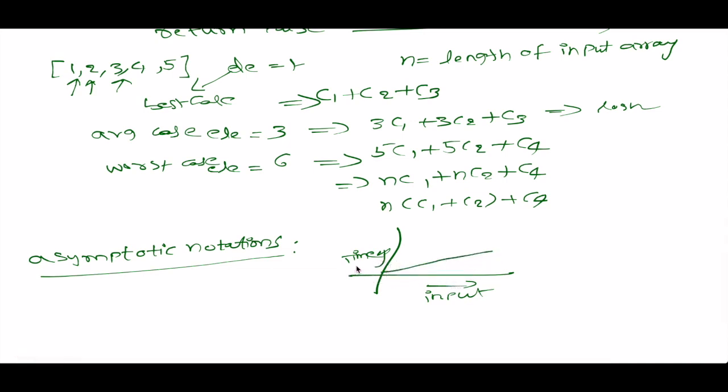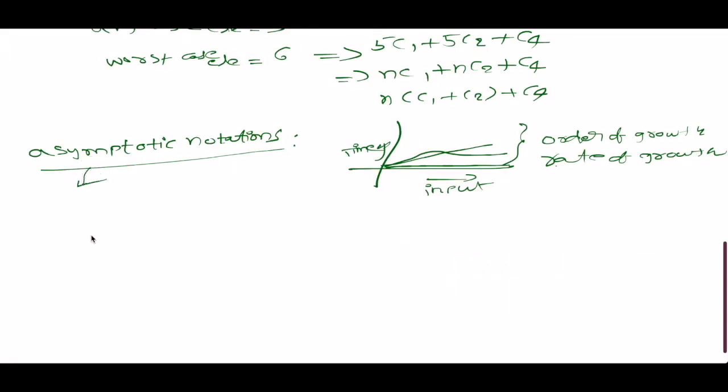And for the average case, the time will be increasing and decreasing. And for the best case it is constant, right? Something constant like this. So this we call order of growth or rate of growth.